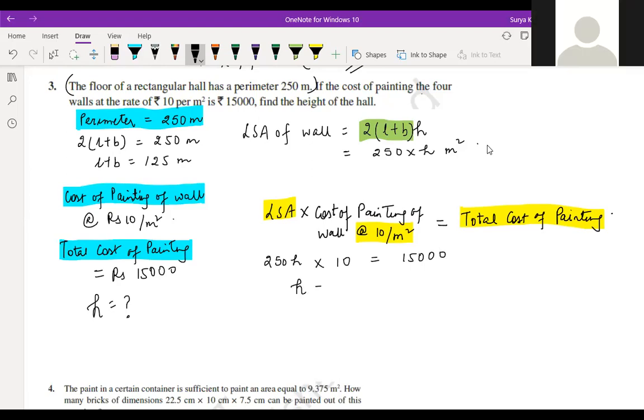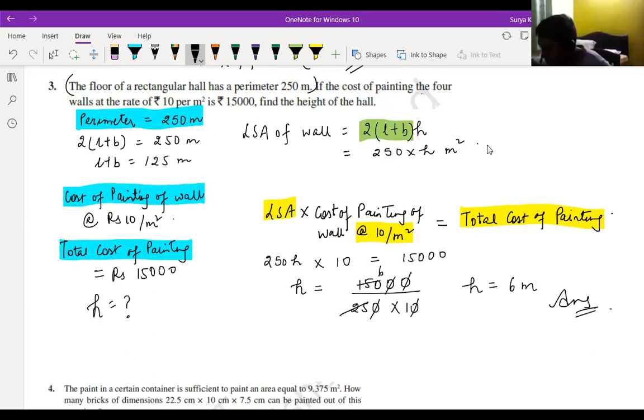So H is equal to what we can write here? What is in multiplication, send to division over here. 15,000 by 2,500. 250 into 10. Don't multiply anything, simply just try to cancel. So 25 6 150. So H is equal to 6 meters. This is your answer. Yes, sir.